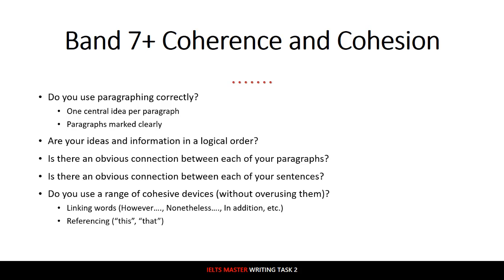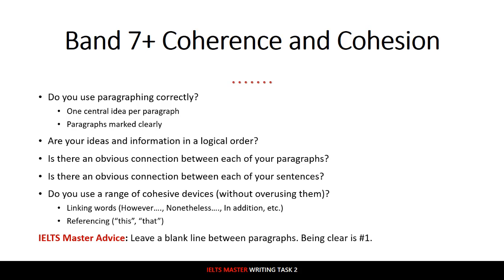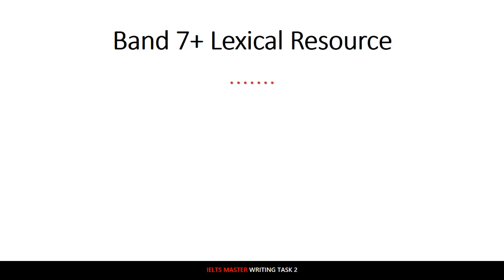Sometimes, especially in the beginning of paragraphs, it's common not to have a linking word. But include them when you need them, when it makes it clear what the connection between the sentences are. And finally, just to remind you, my advice is to leave a blank line between paragraphs, because being clear is number one.